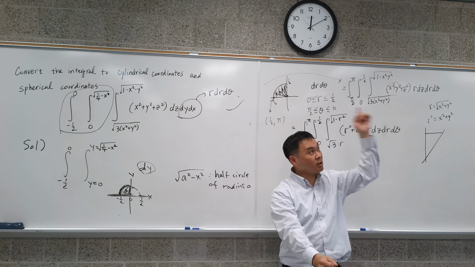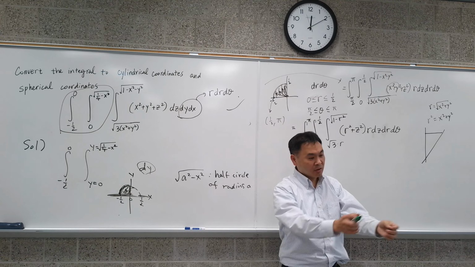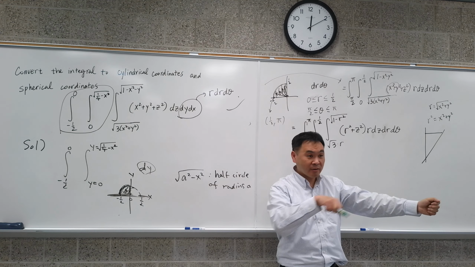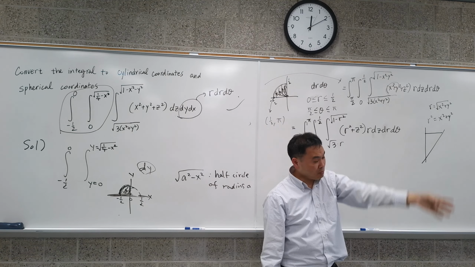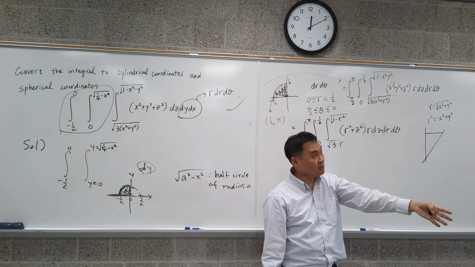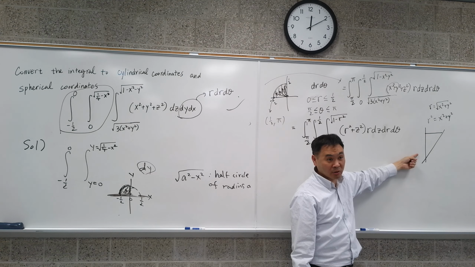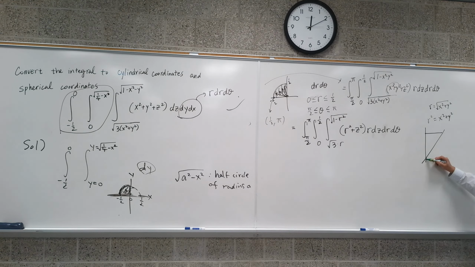When the book cover hits that point, the amount of angle that you open the book is called theta. Once you have that point in that plane, you can draw a right triangle. That's this picture right here. And the length from the origin to that point is called rho.